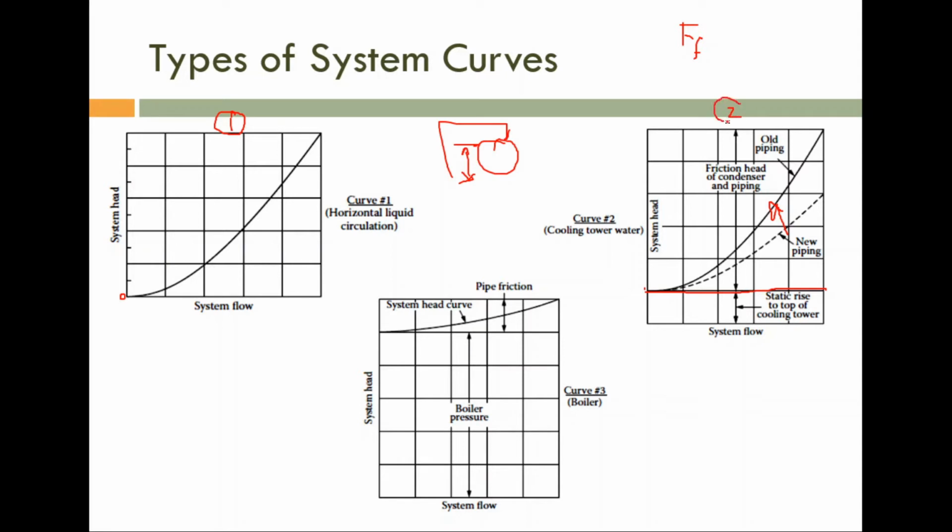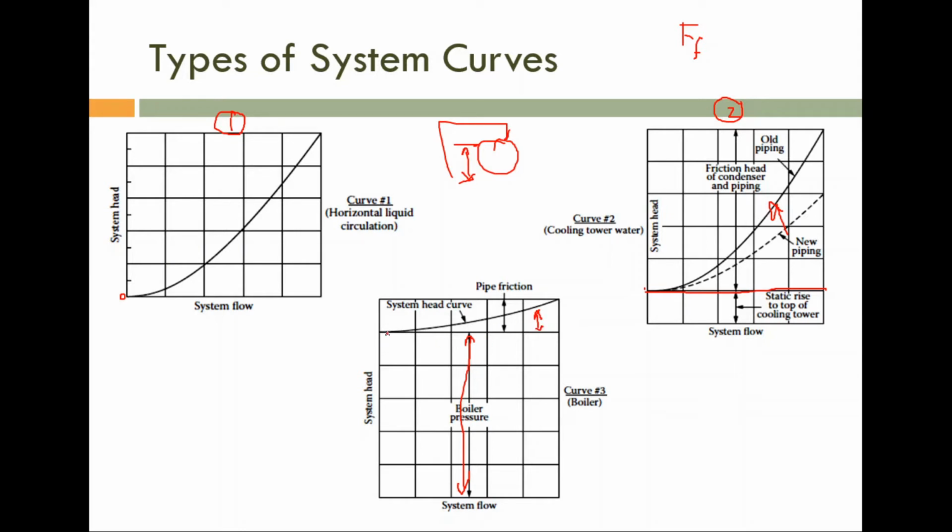Now, if you are transporting liquid to a boiler, then I told you the boiler pressure is very important. We are transporting liquid against that boiler pressure. So the applied pressure must be greater than the boiler pressure. So definitely we have to overcome the pressure exerted by the boiler, that is boiler pressure, plus the dynamic friction. This one is the dynamic friction. So the system has to overcome the sum of these two.